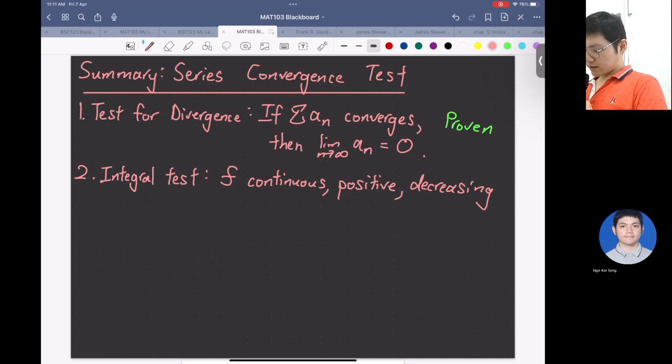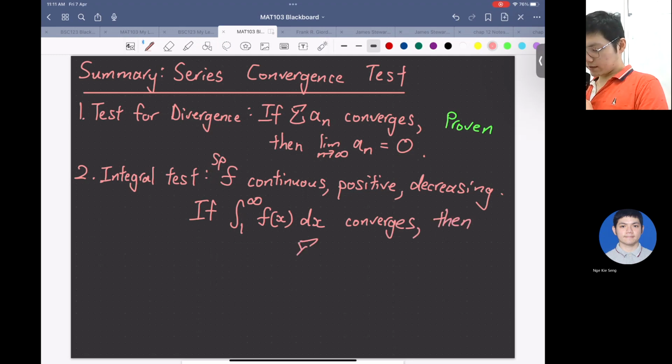Then if the integral from 1 to infinity of f(x) dx converges, then the discrete version of the summation also converges.